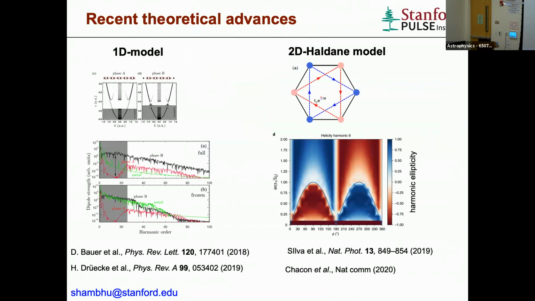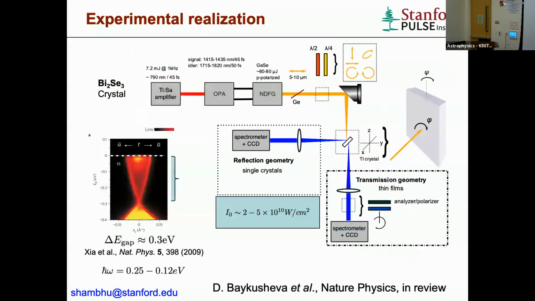So there's lots of theory work going on. For example, looking at the different efficiency of harmonics using a 1D model, and another work predicts that by measuring how the ellipticity of the harmonics changes with respect to the driving laser field, we could retrieve the topological invariance on these systems.